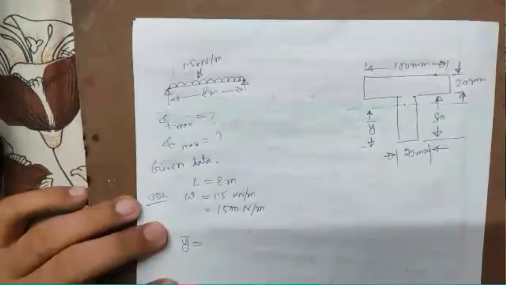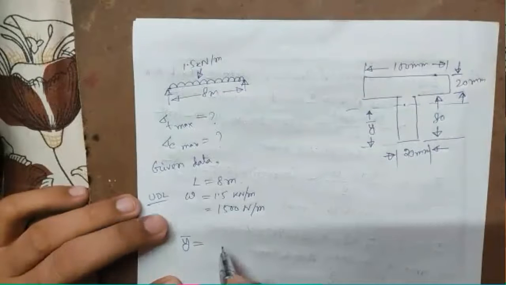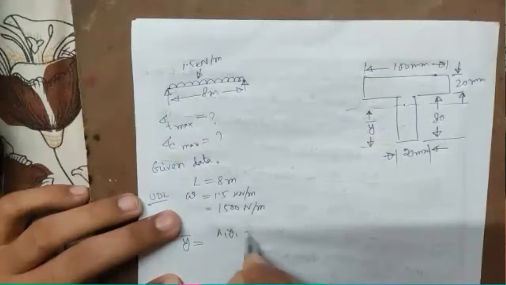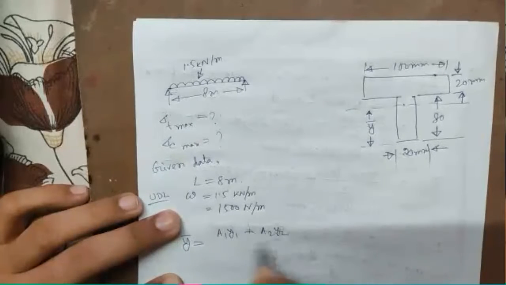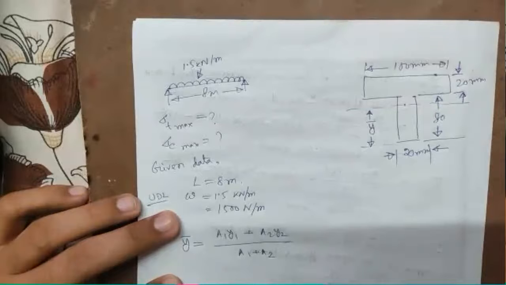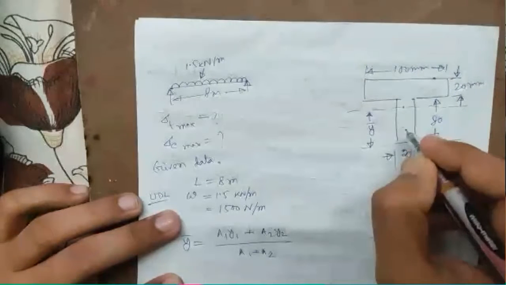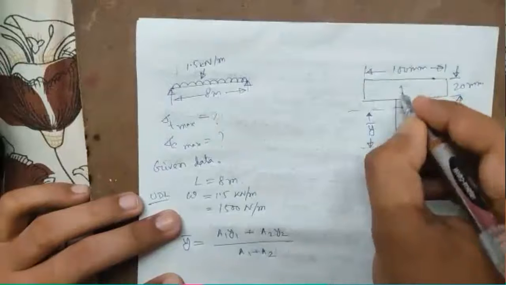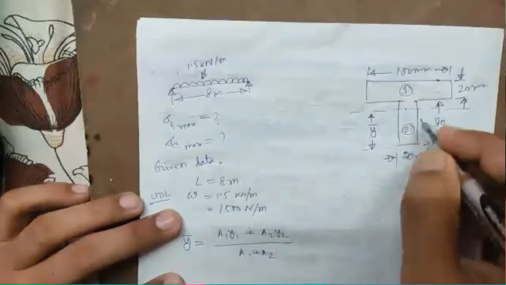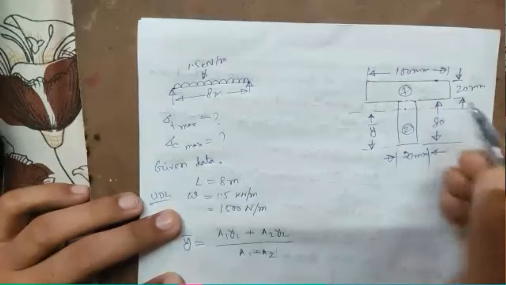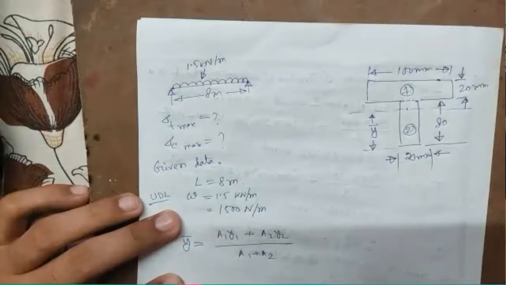So y bar will be found out by the formula (a1 y1 plus a2 y2) by (a1 plus a2). With this formula we will name this section, say, 1, and this section, say, 2, and we just use a dotted line to divide them.